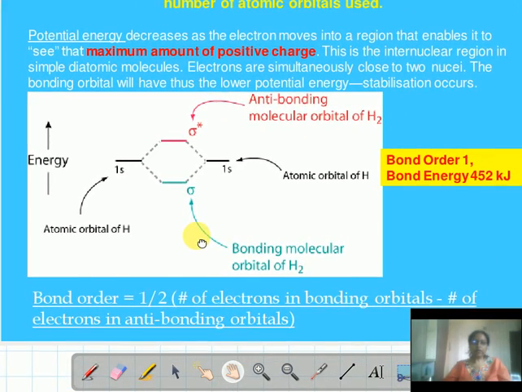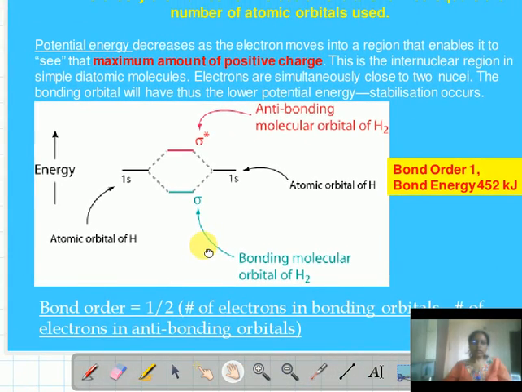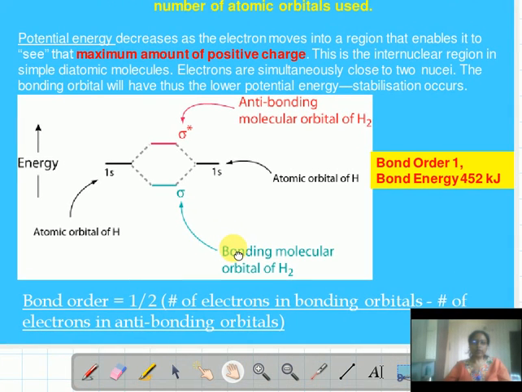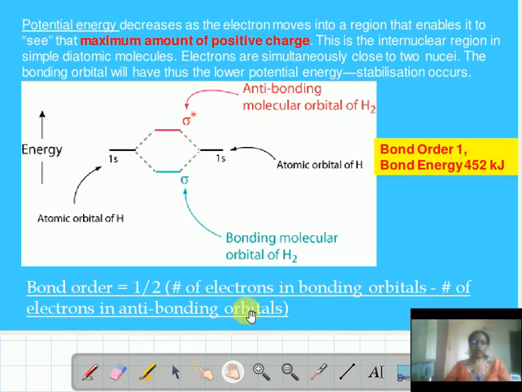Now let us learn how to calculate the bond order. Bond order is equal to half of the number of electrons in the bonding orbitals minus the number of electrons present in the antibonding orbitals.